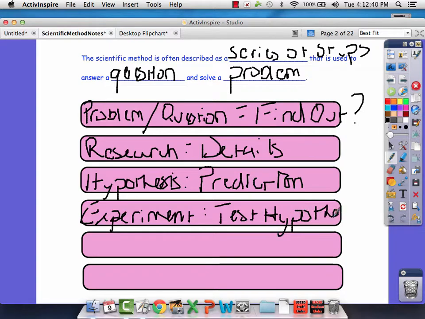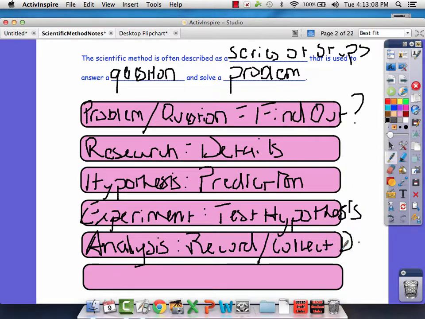You tested your hypothesis. After you did your experiment, you went ahead and you did some analysis. And although we didn't sit here with clipboards and write down a ton of numbers, which you would typically think of as analysis, you still recorded and collected data. Now, in this example, you just observed.